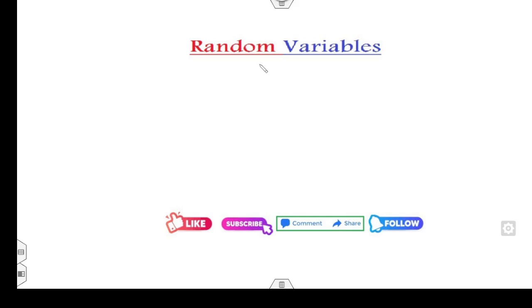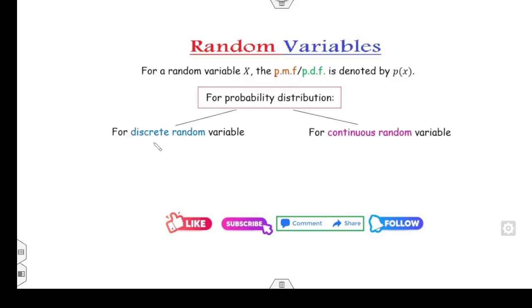So as we have discussed, the random variable is abbreviated as r.v. And corresponding to each random variable x, we can define the probability mass function and the probability density function, depending upon whether your random variable is discrete or continuous.